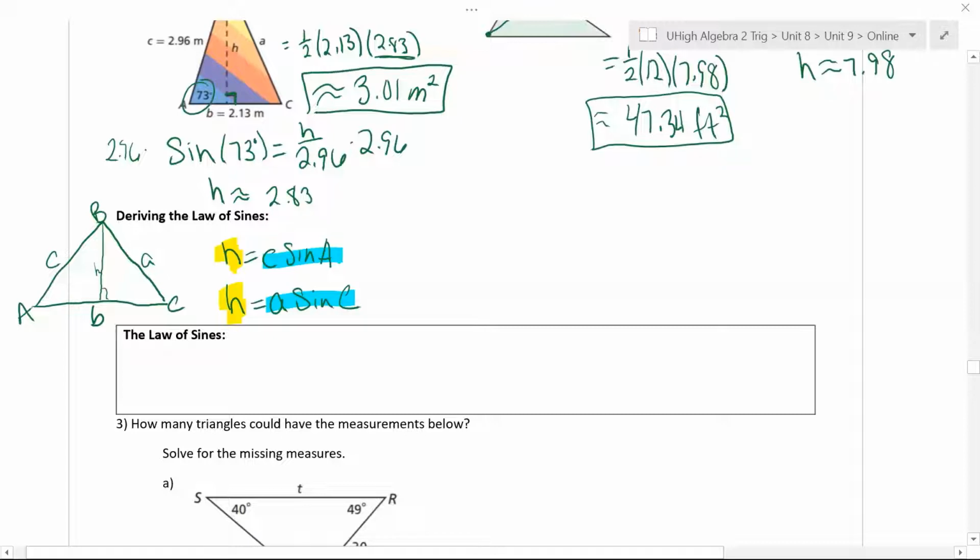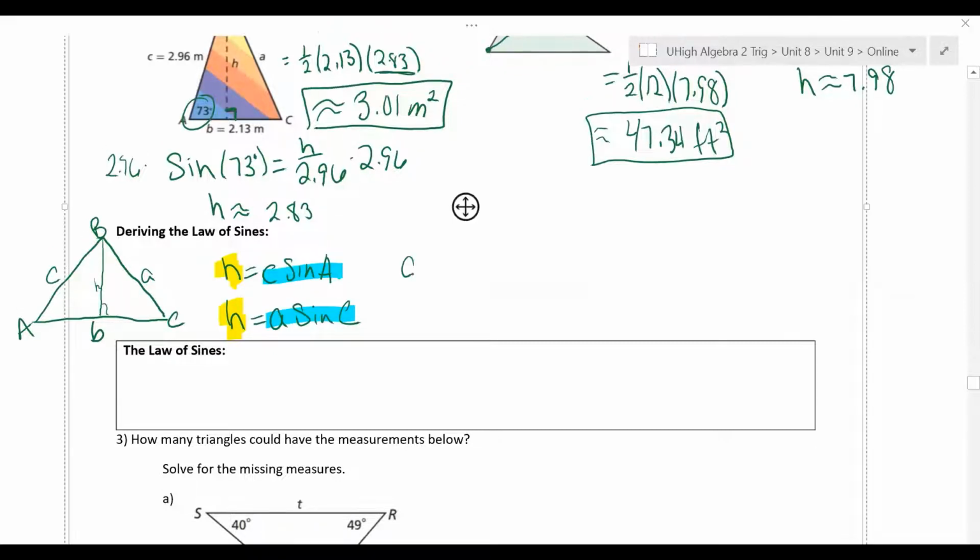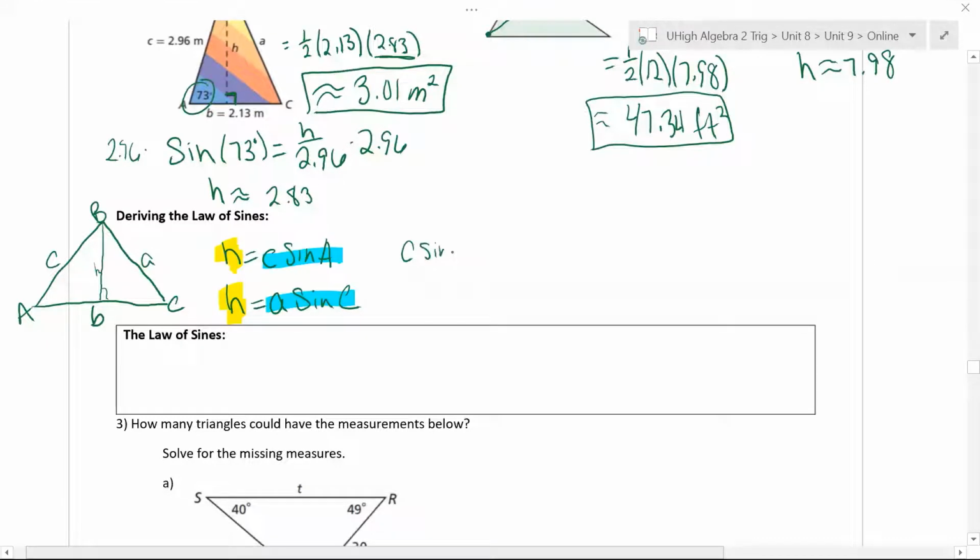So h equals h, so c times the sine of A equals a times the sine of C.